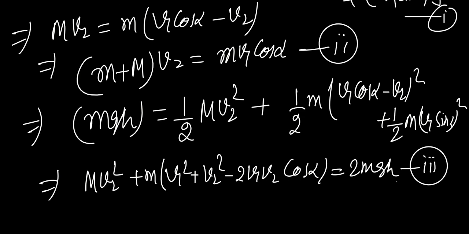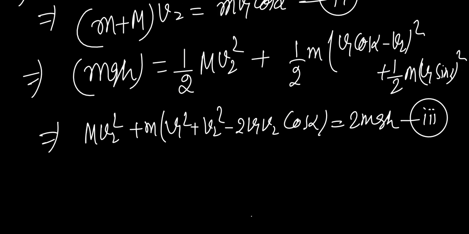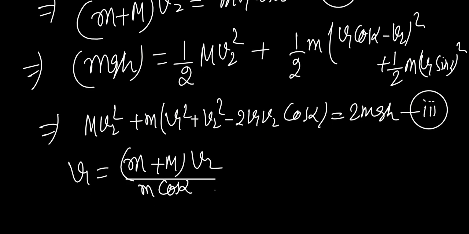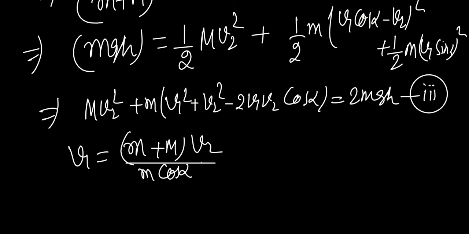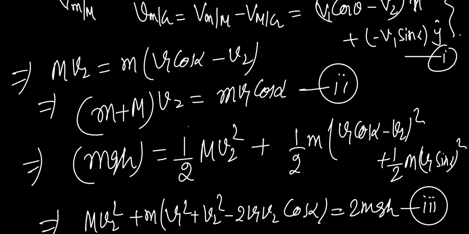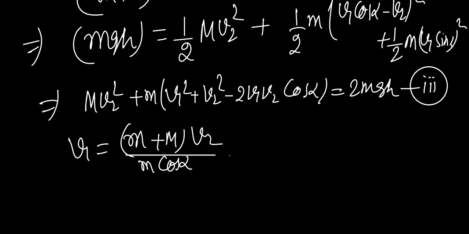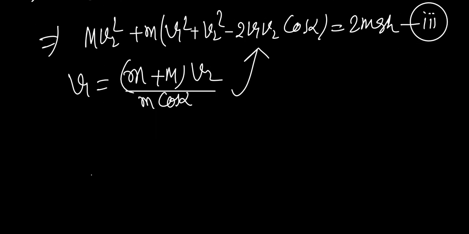So using these equations, you will get v1 is equal to (m plus M) into v2 by (m cos alpha). So this is v1 from equation 2, and substitute the value of v1 in equation 3.